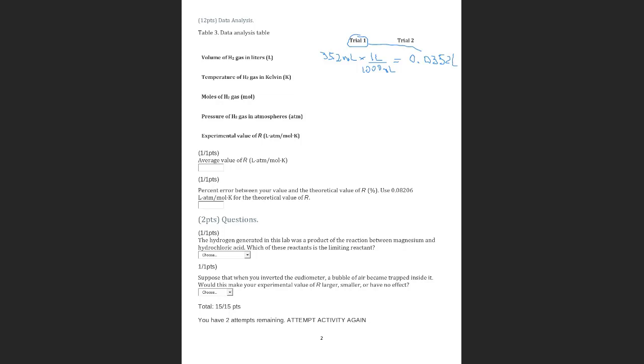Then it says temperature of hydrogen gas in Kelvin. What do we need to do? They give us the temperature in Celsius. So we know that the temperature in Kelvin equals the temperature in Celsius plus 273.15, and that's all we have to do to convert the temperature into kelvins.